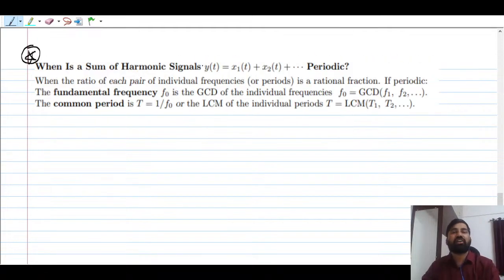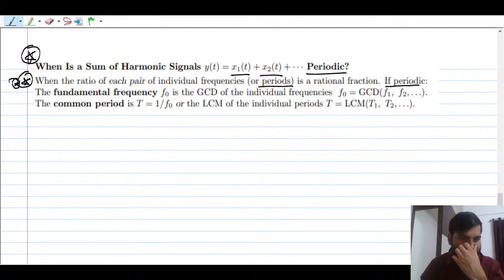When is the sum of sinusoids, like y(t) equal to x1(t) plus x2(t), periodic? This is the first step that you have to perform. The ratio of each pair of individual frequencies or periods is a rational number or rational fraction; if so, it is periodic. This is the first condition that the combination of sinusoids has to satisfy.